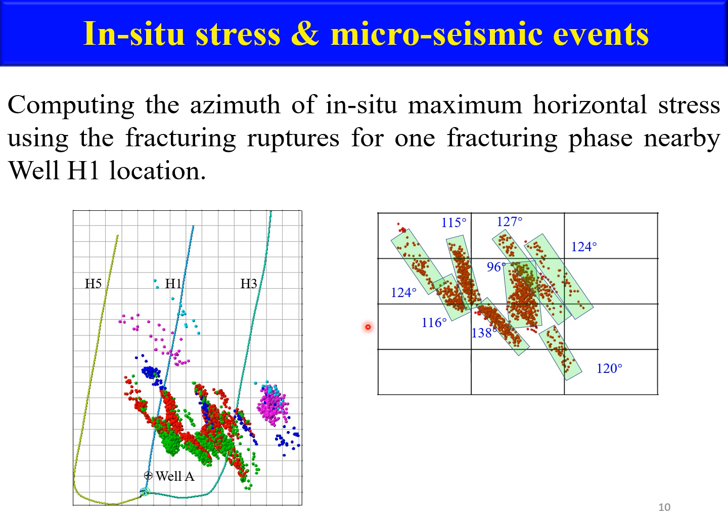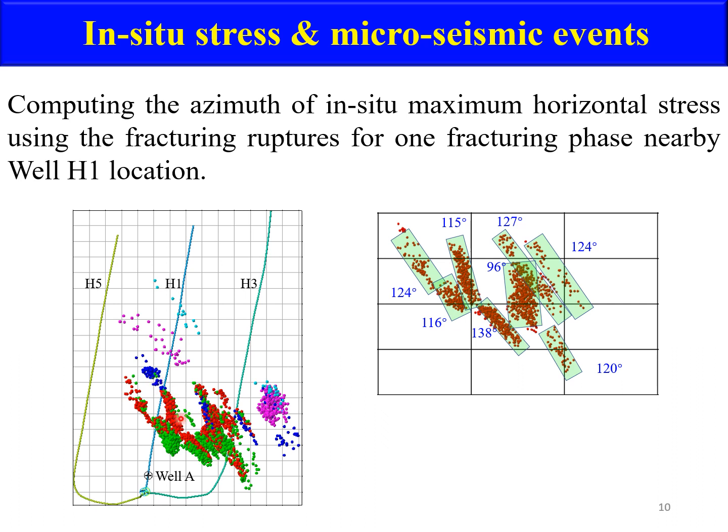Here is the first example of computing the azimuth of maximum in-situ horizontal stress using ruptures. The lines in the left figure show the well trajectories. The color bars stand for the microseismic fracturing ruptures.